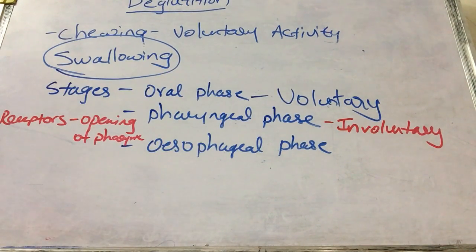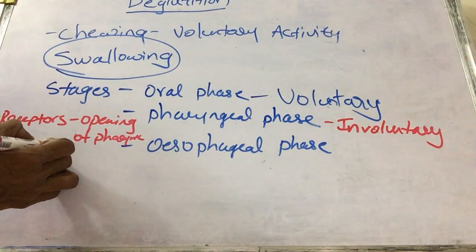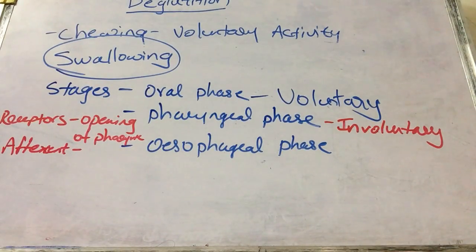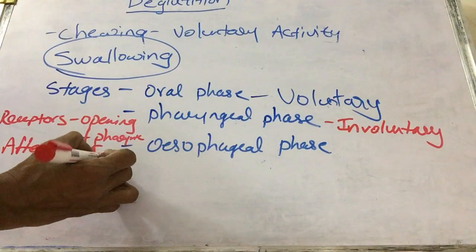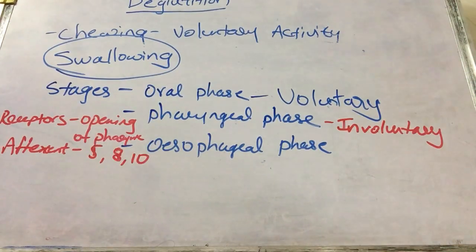And the impulses from these pharyngeal receptors are transmitted to the centers through the trigeminal, glossopharyngeal and the vagus nerves. That is the 5th, 9th and 10th cranial nerves.